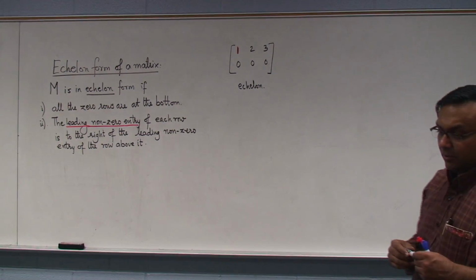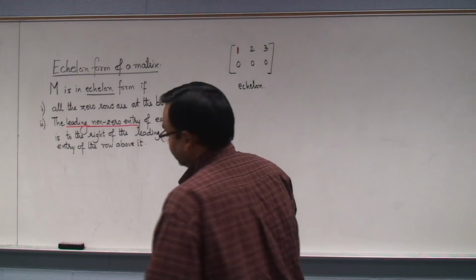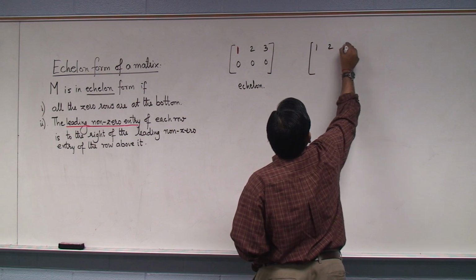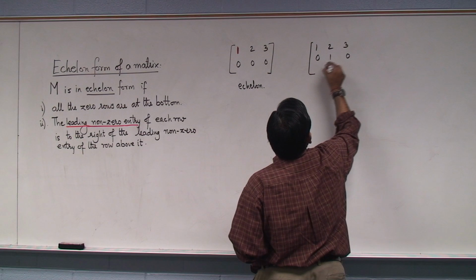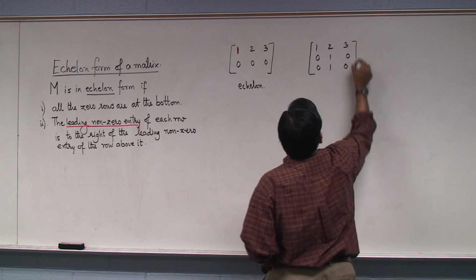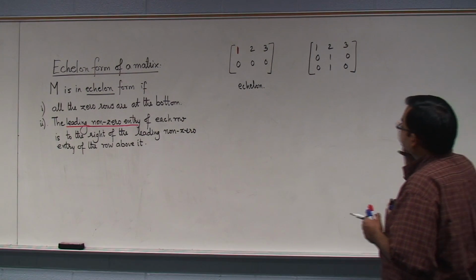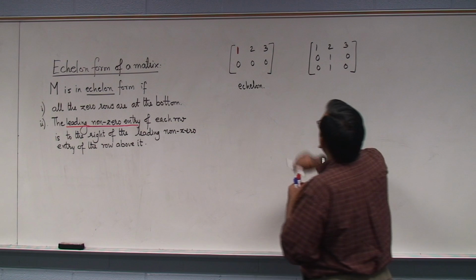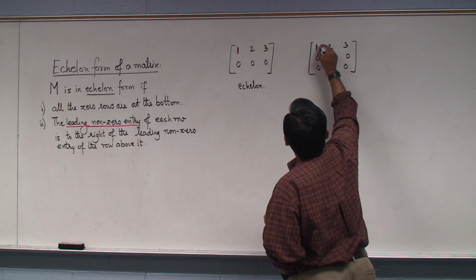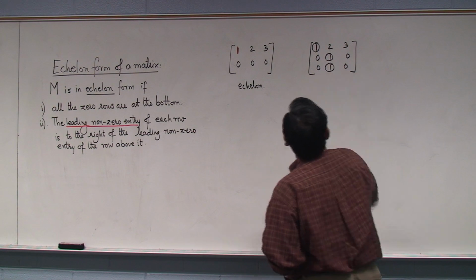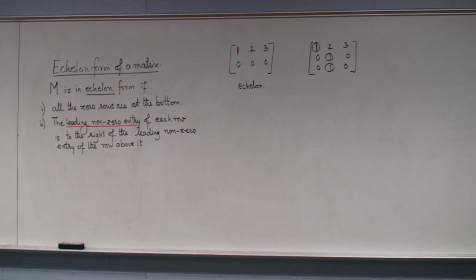Now, how about another example and see whether this is in echelon form or not. Let's try this example: 1, 2, 3, 0, 1, 0, 0, 1, 0. Is this in echelon form? Well, there are no 0 rows, so we don't have to worry about them. This is the leading non-zero entry in the first row, this is the leading non-zero entry in the second row, and this is the leading non-zero entry in the third row.